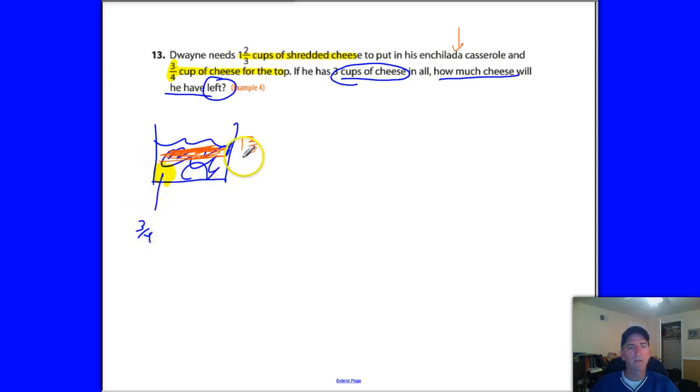That's what he's going to use. So they want to know, what is this remaining cheese, if he takes out 1 2/3 cup and then 3/4 cup. So here's how I like to think of it. He's got 3 cups. He's going to take away 1 2/3. He's going to take away 3/4.